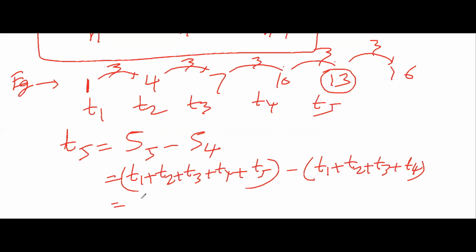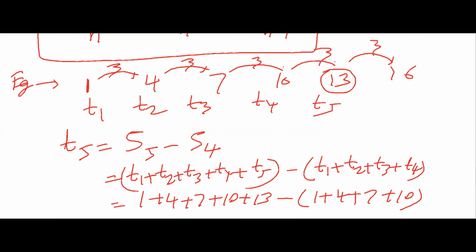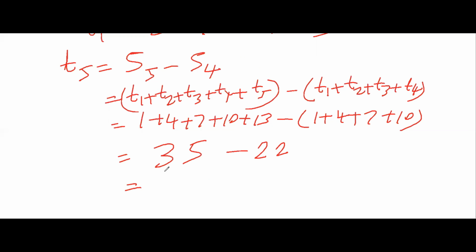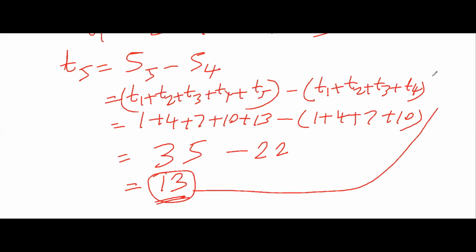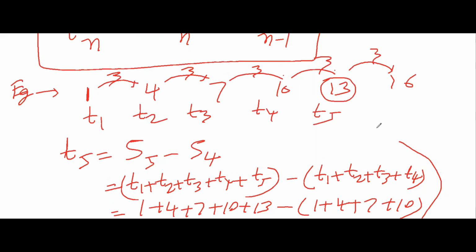What is this? It is 1 plus 4 plus 7 plus 10 plus 13 minus 1 plus 4 plus 7 plus 10, that is 35 minus 22, which is 13. So my T5 will be 13. Is this 13? Fifth term is 13 or not? See, this is 13. Hope you have understood this.